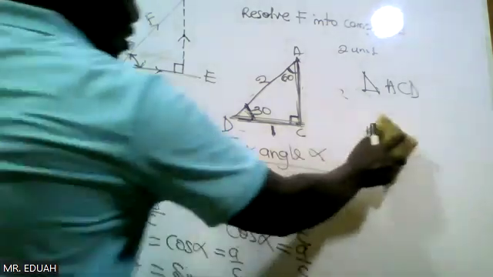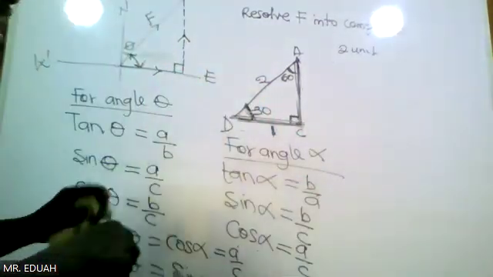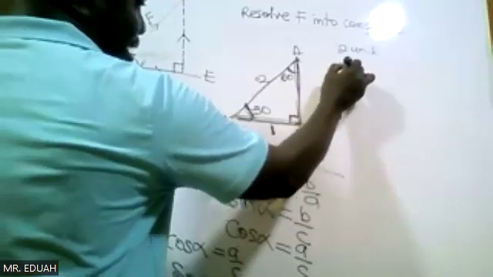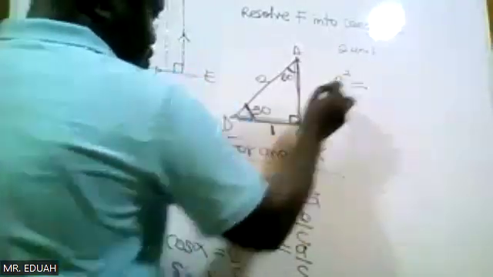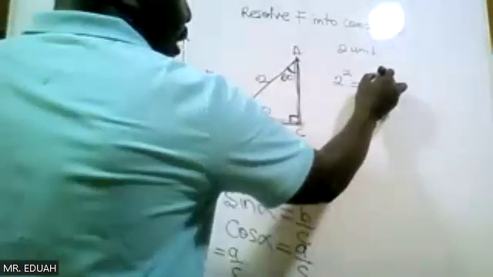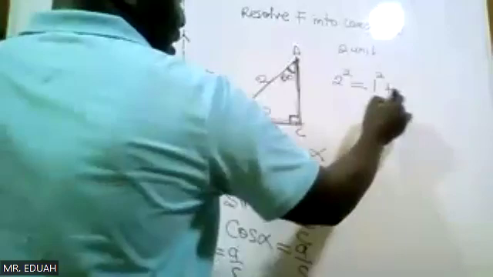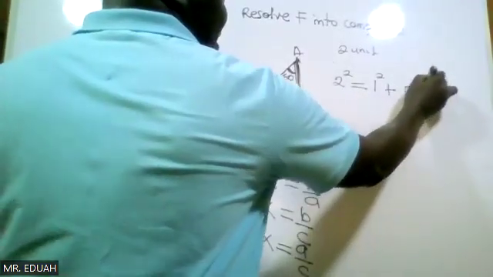Okay. So if the hypotenuse is 2, we have 2 squared equal to 1 squared plus AC squared.